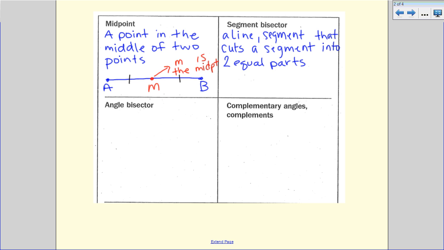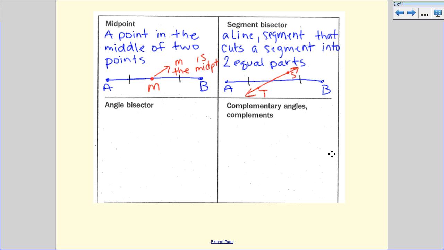Okay? And so what we'll see there is it has to be a segment, so it's going to use A and B. It has to have a beginning and an end point. And so then we could say something like line TS bisects segment AB. And we know that because we'll show each side being congruent there.